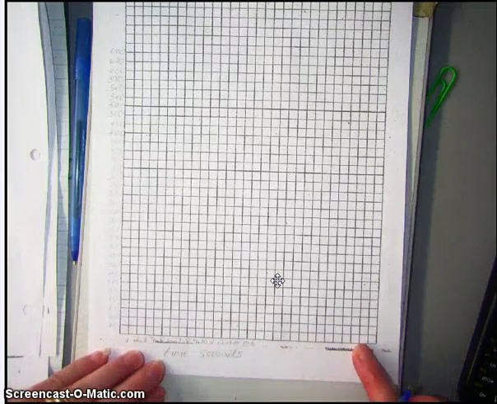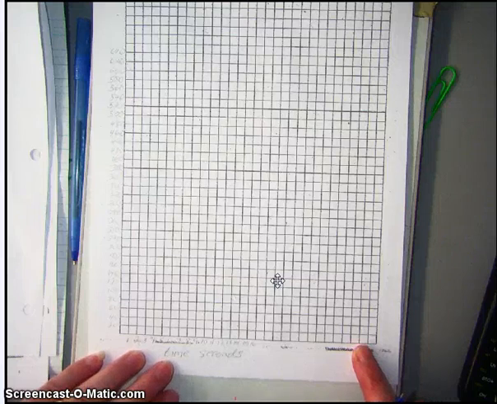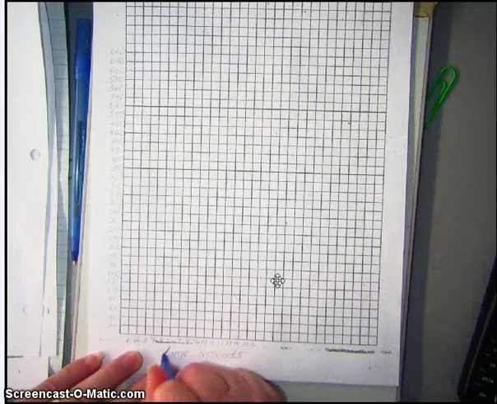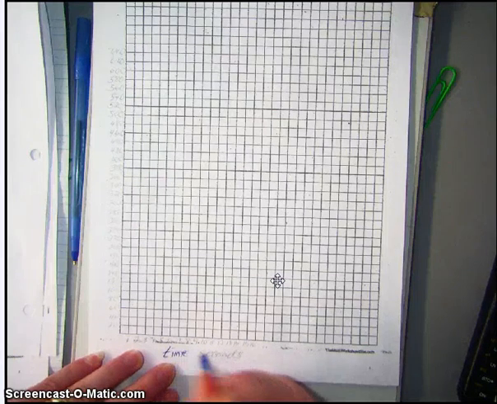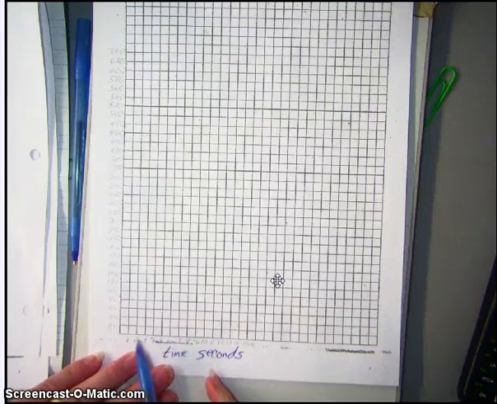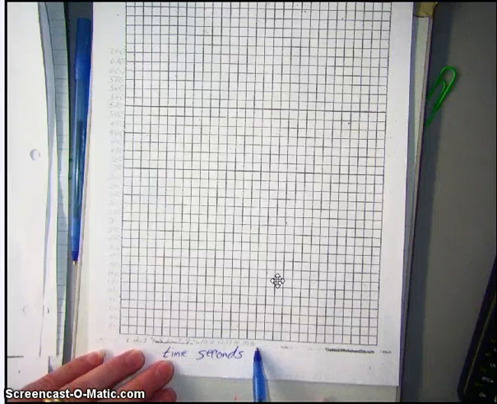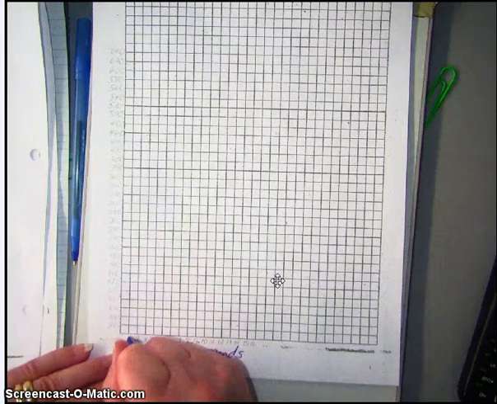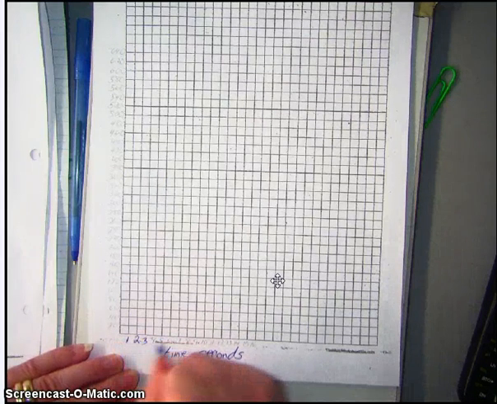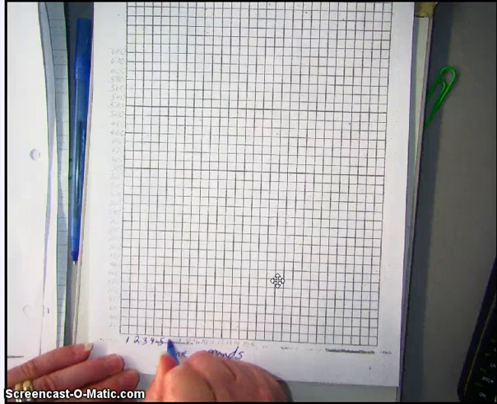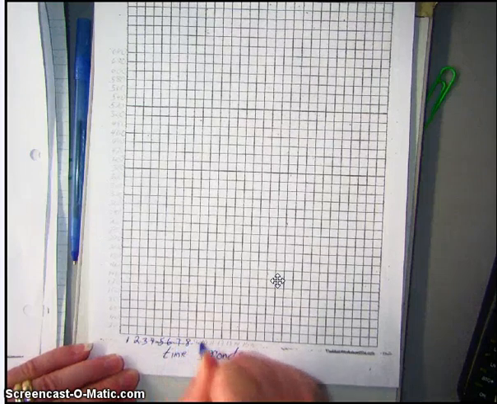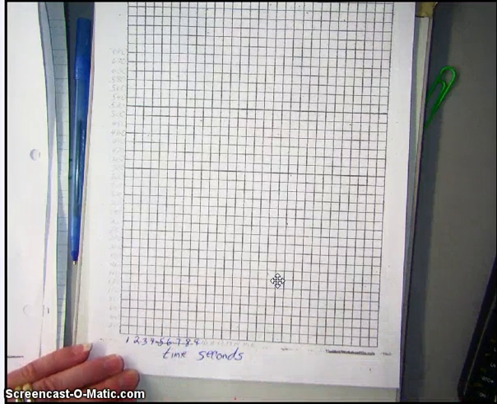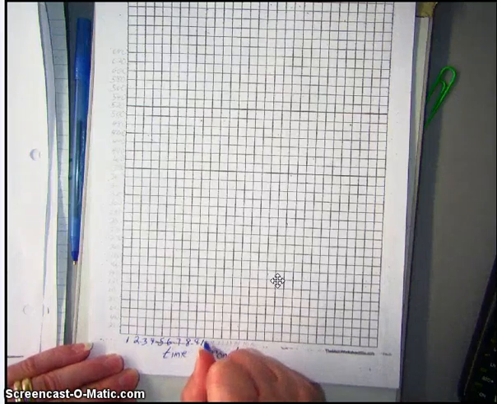The horizontal axis is time in seconds, as we discussed previously. Time in seconds. And then I think we can use each block is worth 1 second. So we're just counting 1, 2, 3, 4, etc. Okay. And then this rocket ship lands after 16 seconds, so we only have to go to 16.